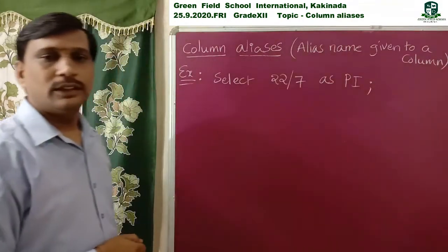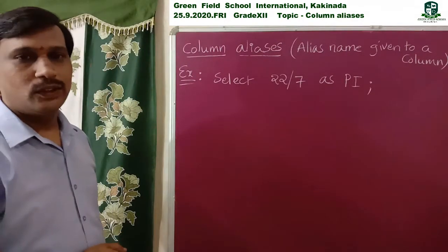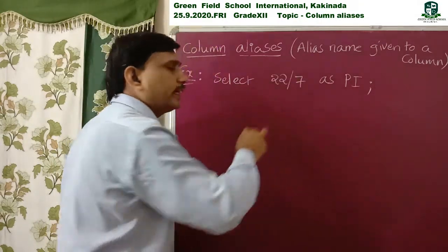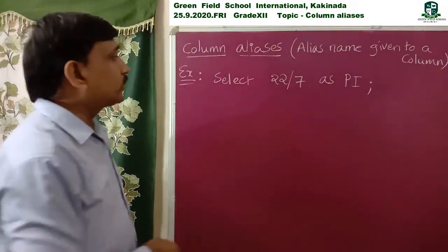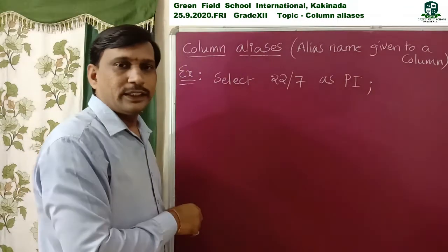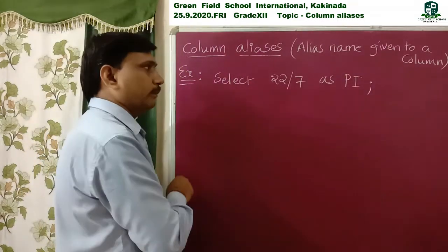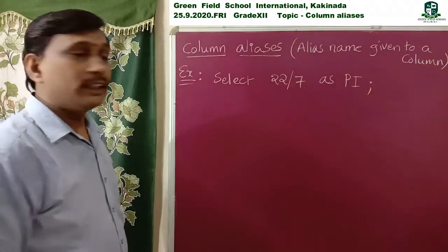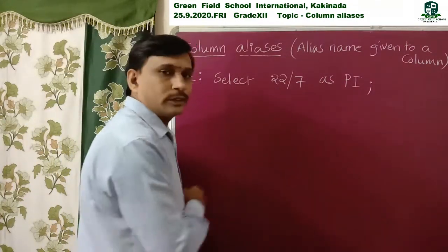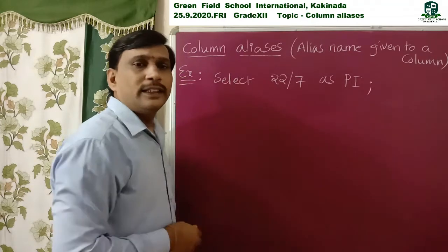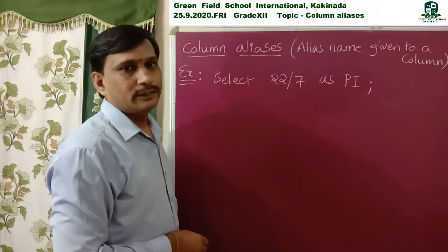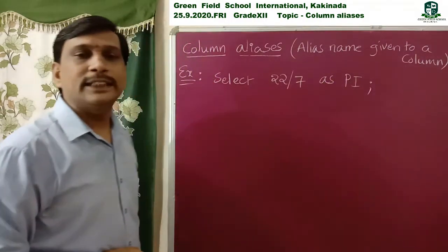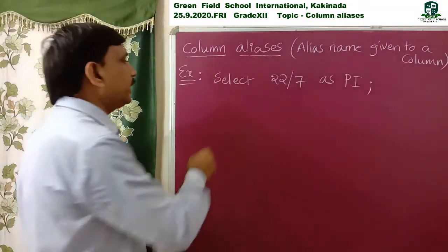Next, I take one more example here: 22/7, the pi value. This 22/7 is calculated; last class we had calculations in the select statement. But this calculation is actually the column name, and the value displayed is 3.14159, with the column alias name pi.